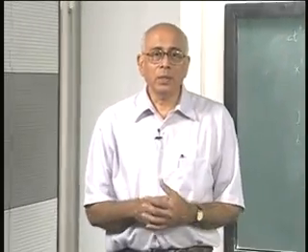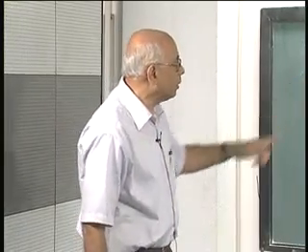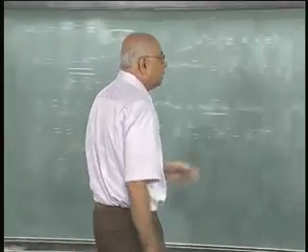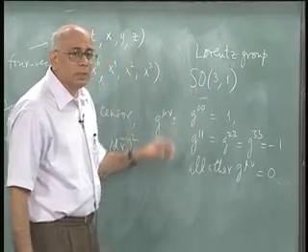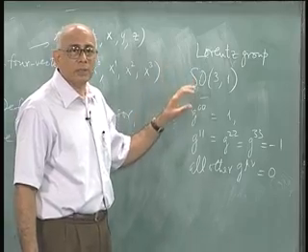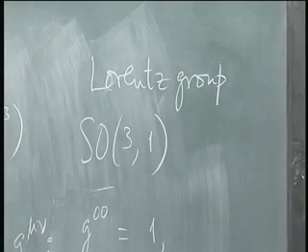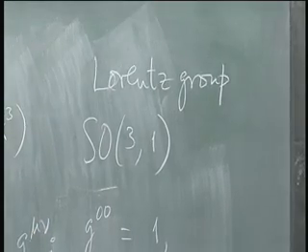Now this group is not the Galilean group, it is called the inhomogeneous Lorentz group or the Poincare group, of which the special Lorentz group is a subgroup. And this is the group of homogeneous transformations which do not shift the origin of space or time.